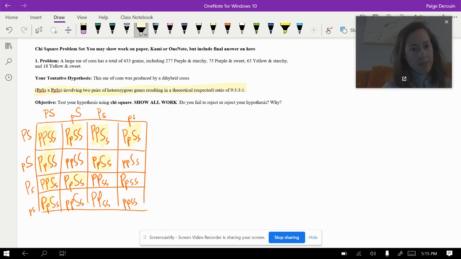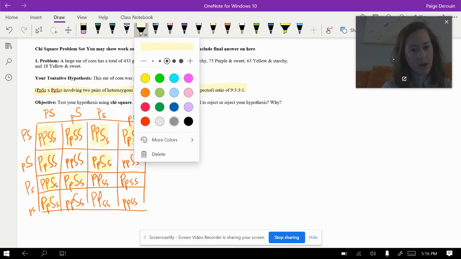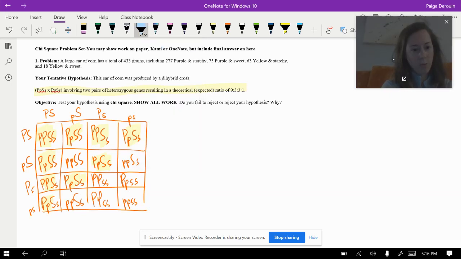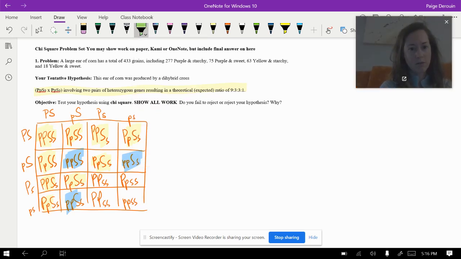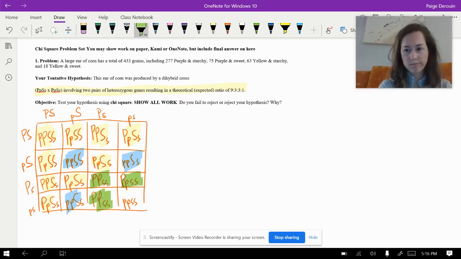And you have 3 that are recessive for one of the traits, these 3 that are recessive for P, color. And then you have 3 that are recessive for the other trait, texture or sweetness, I guess. And then finally you have your little one that is recessive for both.